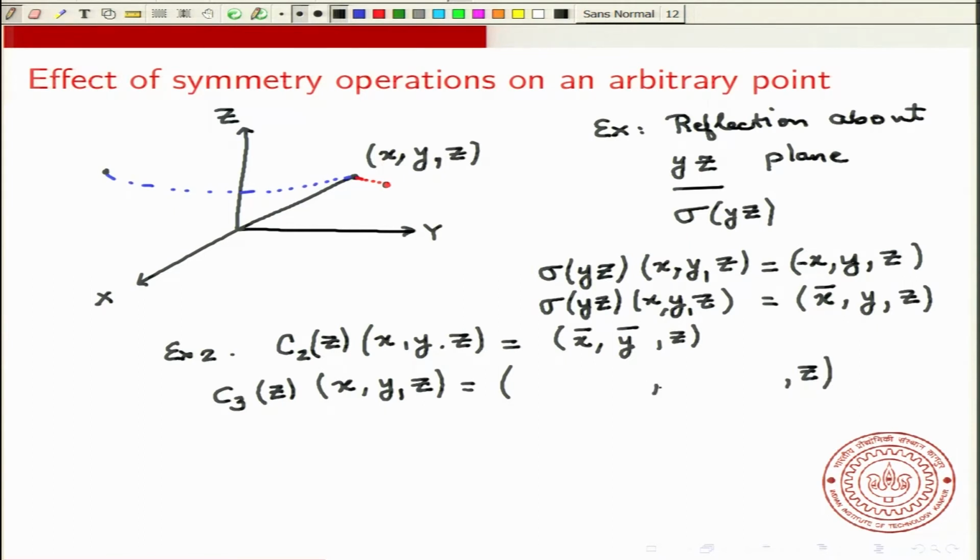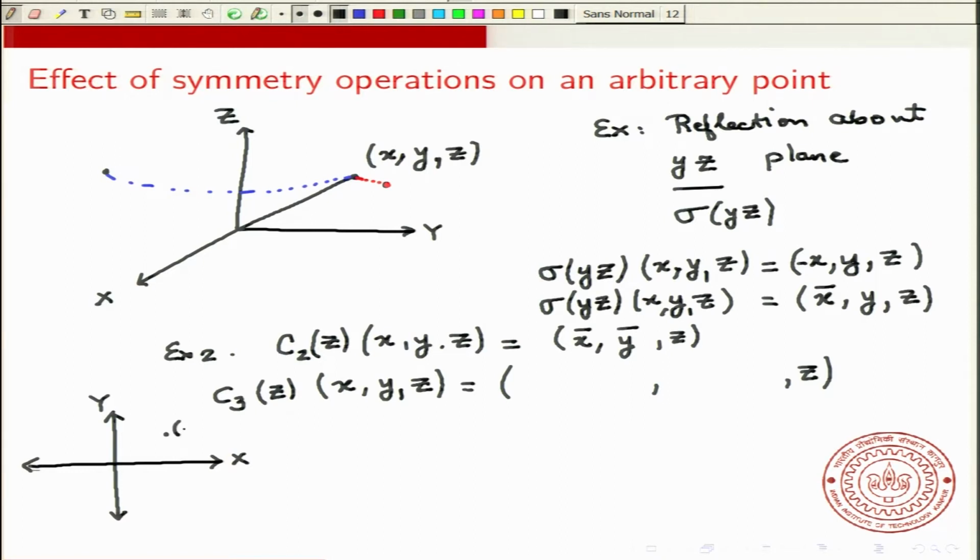Now, what about the x and y coordinates? Okay. Now, to know what will happen to the x and y coordinates, we will draw this picture slightly differently. We will show it in the xy plane. Okay. So, the z axis is coming out of the plane of paper, and let us consider a point. We do not care about the z coordinate because it is remaining unchanged.